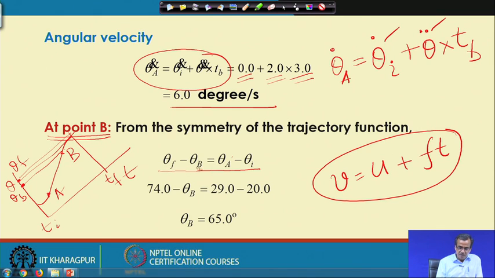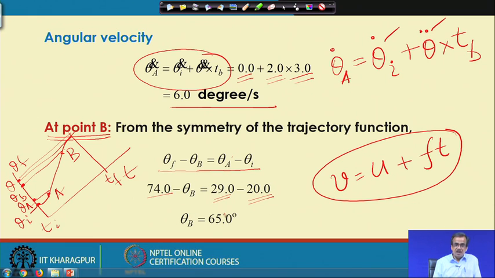So, theta f minus theta b is nothing but theta A minus theta I. Here we have theta A corresponding to this, and the initial theta is theta I. Inserting the known numerical values, theta f is 74 degrees, theta b we have to find out, theta A is 29 and theta I is 20.